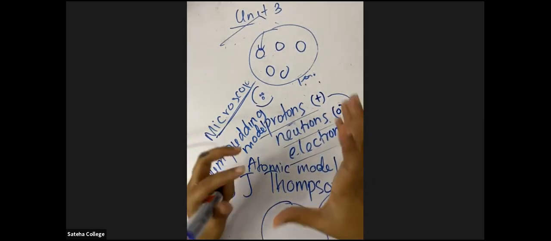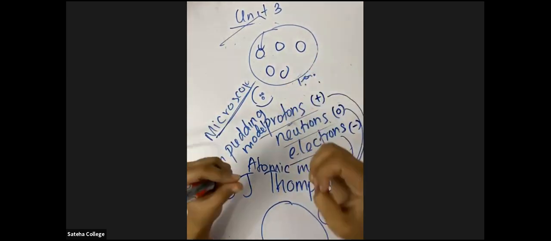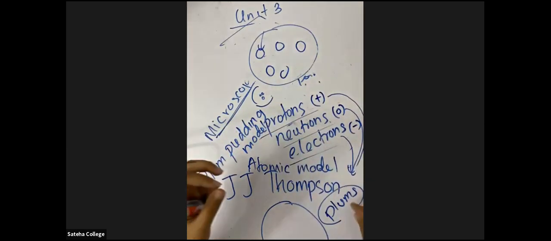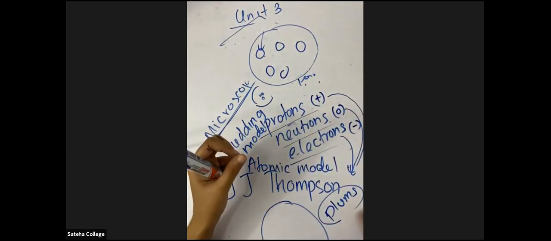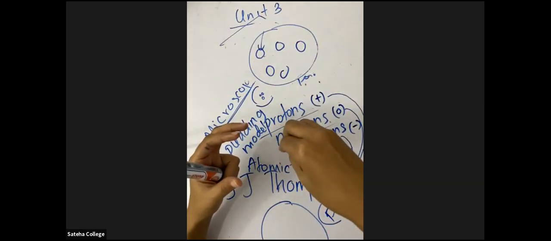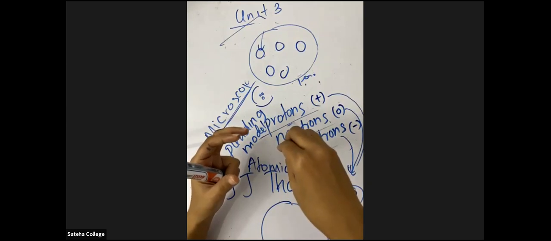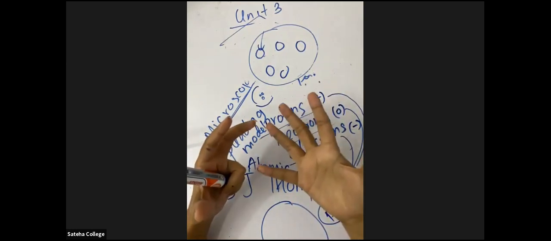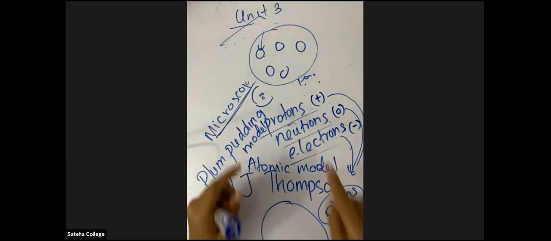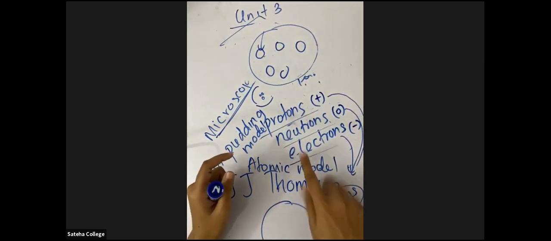So what is this plum pudding model? He said, an atom is a pudding mixed with what? The pudding is mixed with plums. So what are the plums? The plums were the proton, neutron, and electron.